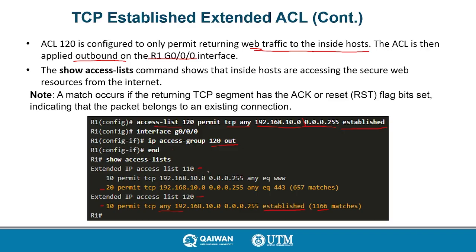However, in the access list that was created before, it says 20 permit TCP 10.0 all these hosts any eq 443, and shows 657 matches.